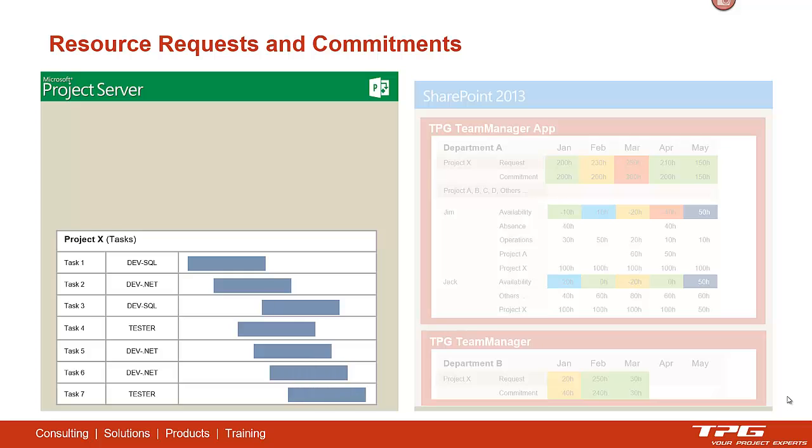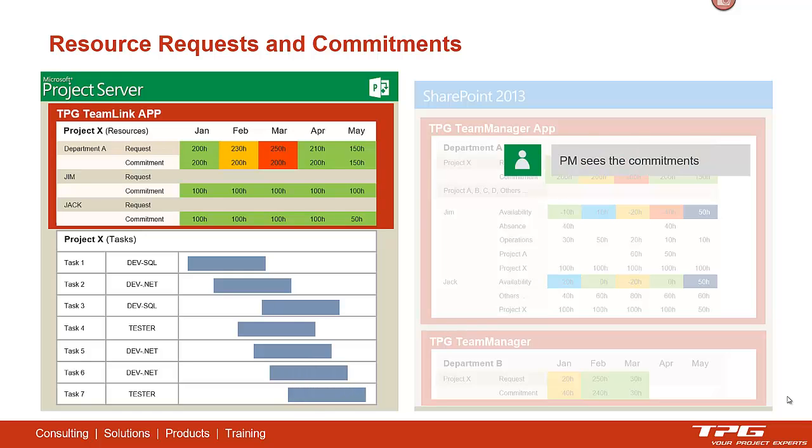The project manager now gets a tool within his project in project server, which is called the Team Link app, which is the opposite side of the Team Manager app, and basically shows exactly the same as what the Team Manager sees. It shows the requests, which are the planned values from the project, and the commitments, which are the planned values from the Team Manager plan.